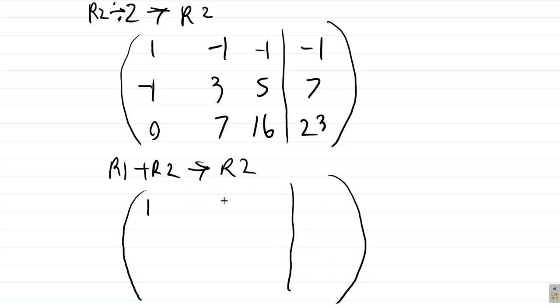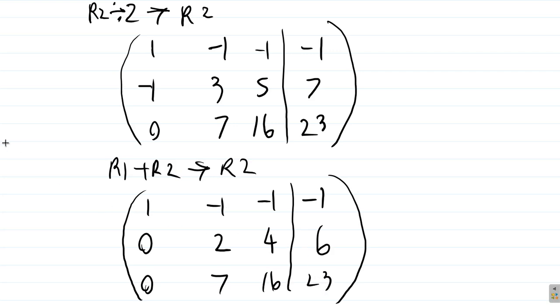So you have 1, negative 1, negative 1, negative 1. That 1 plus negative 1, that's 0. Negative 1 plus 3, that's 2. Negative 1 plus 5 is 4. Negative 1 plus 7 is 6. And then we have back our 0, 7, 16, 23.